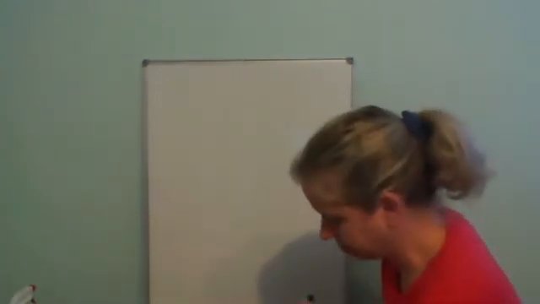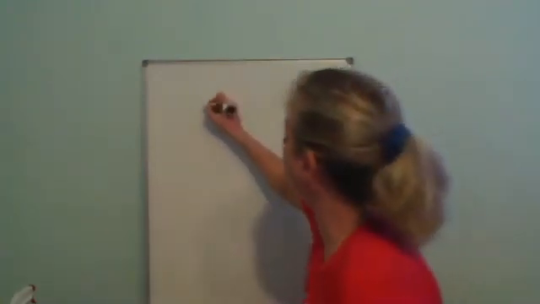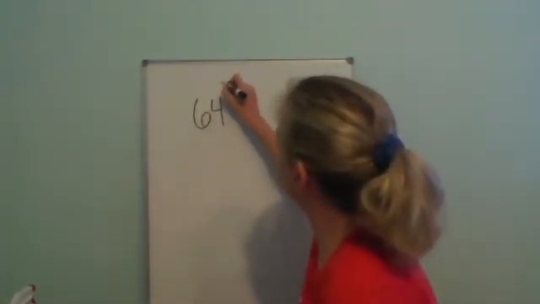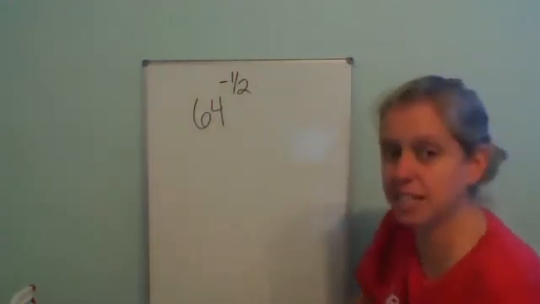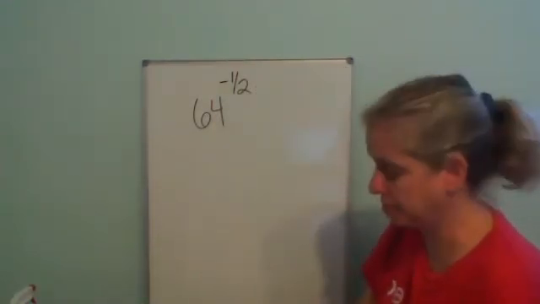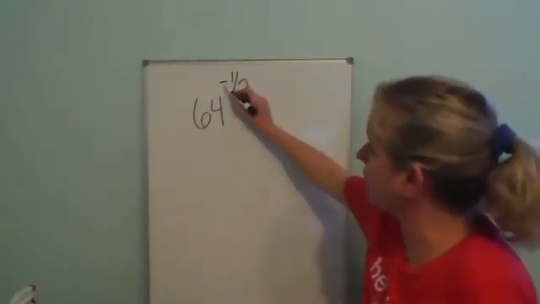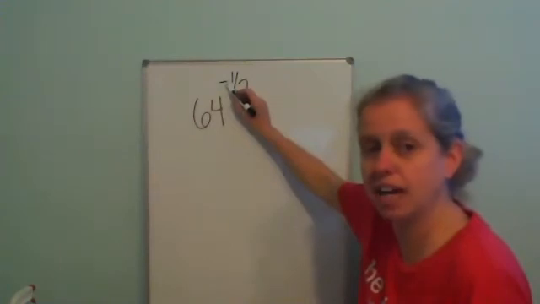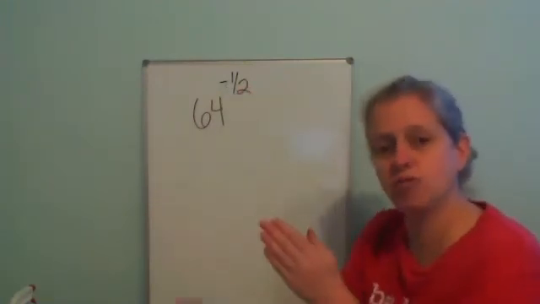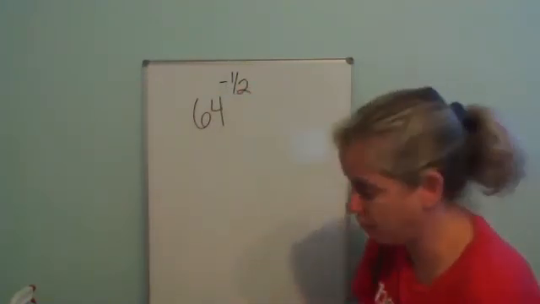All right, number 9. Rewrite 64 to the -1/2 power with a positive exponent and then simplify. Now, if you have a negative exponent, that means whatever is being raised to that negative exponent needs to go to the other side of the fraction bar.